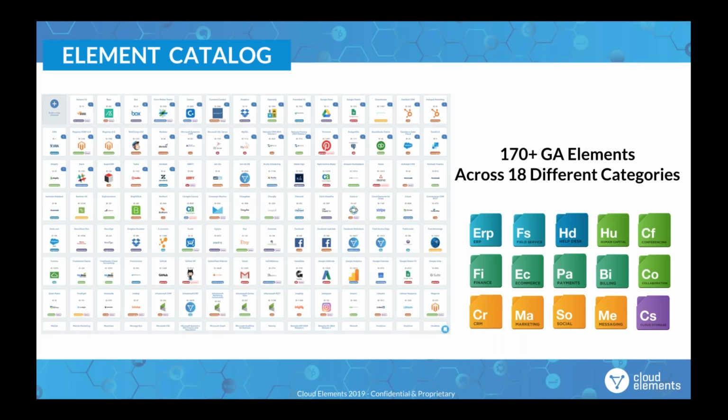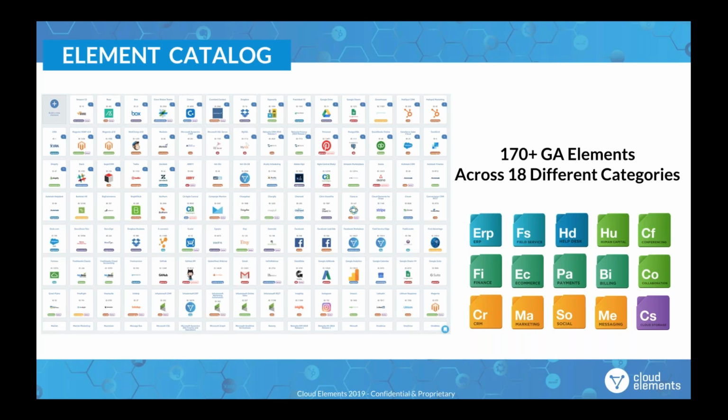So if you have something like Bullhorn or Box or others, you can look at the element and see that it's always going to expose a uniform set of APIs regardless of what the endpoint is. That's the essence of the elements, to remove that dependency on these direct custom endpoints.